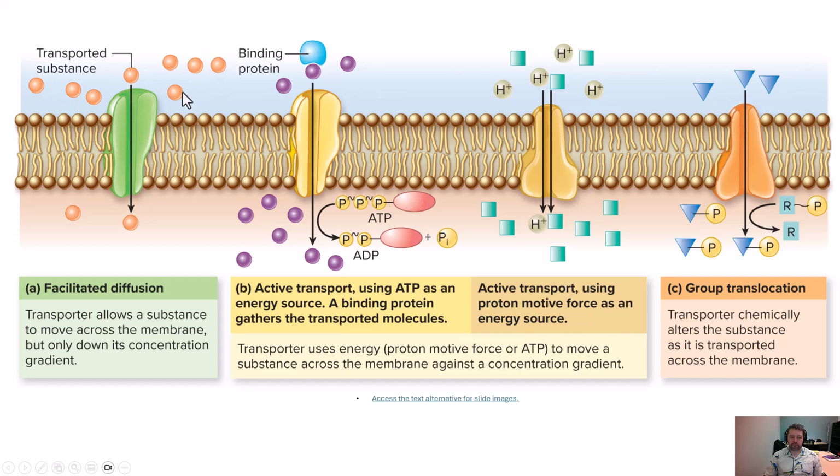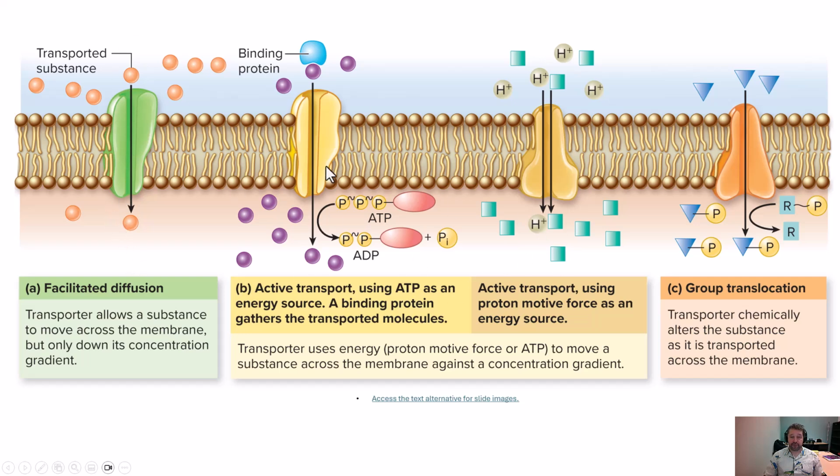Often this is based on a concentration gradient, only moving through on a concentration gradient. This is showing a one-way direction, but often it's both directions, so it has easy access flowing back and forth through the membrane.